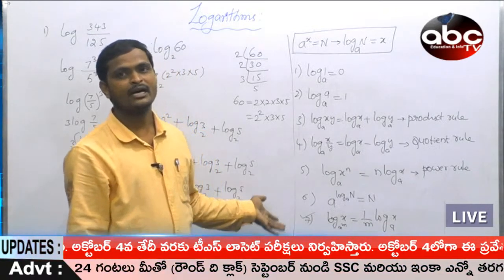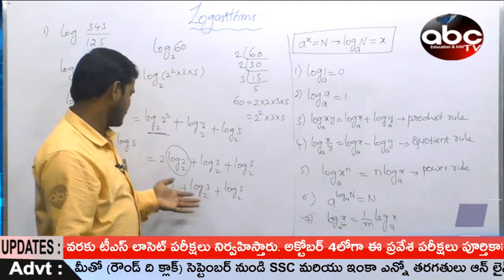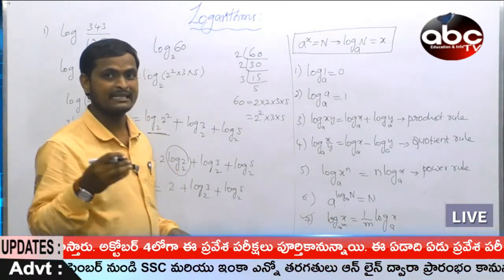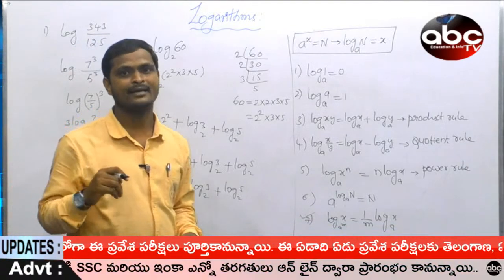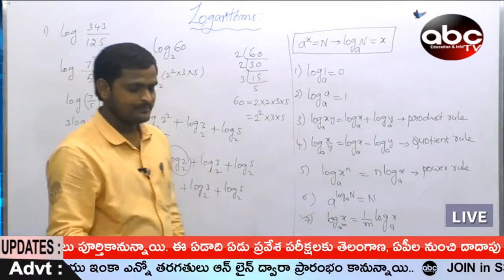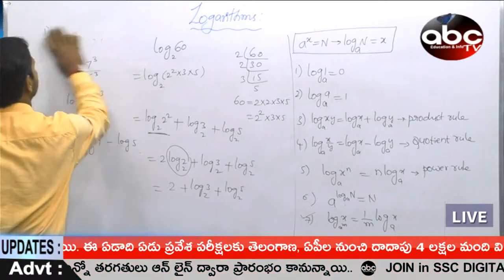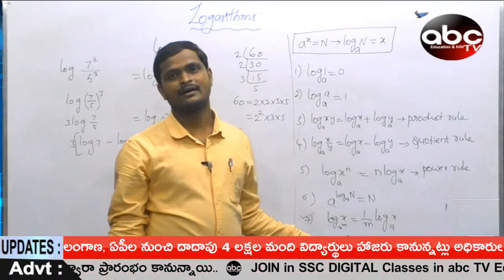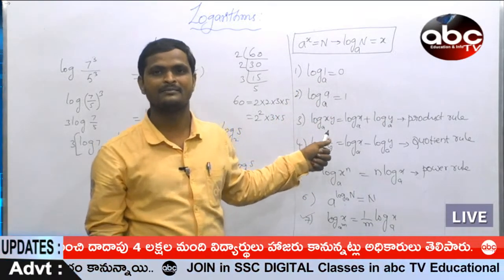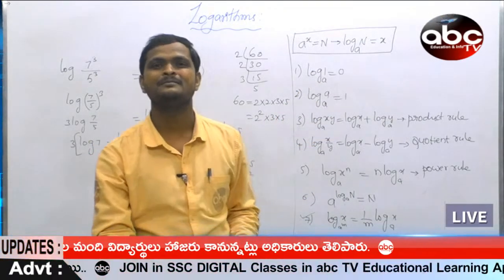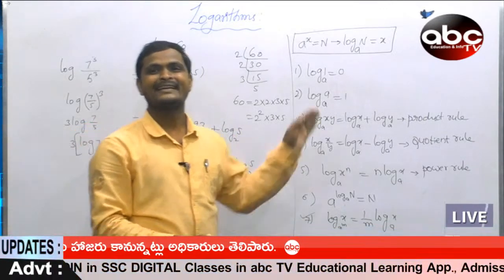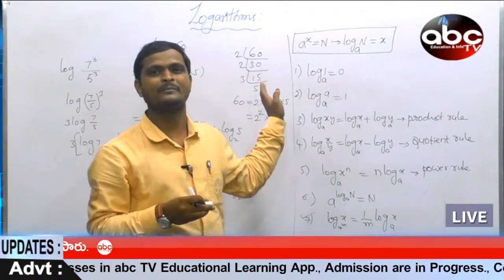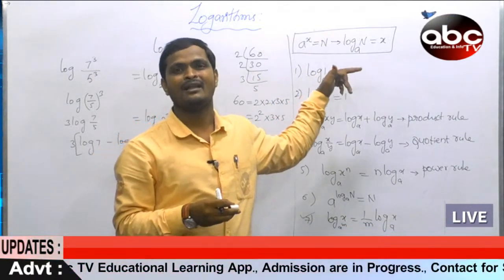Okay. Now we see 4 marks questions. Right? How it is asked in 4 marks questions in your public exam. Just you have to remember the properties of logarithm and the general form of logarithm. What is the general form of logarithm? Right? Then here we convert from exponential form into log form.